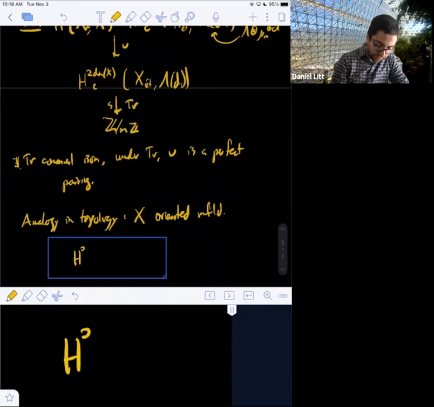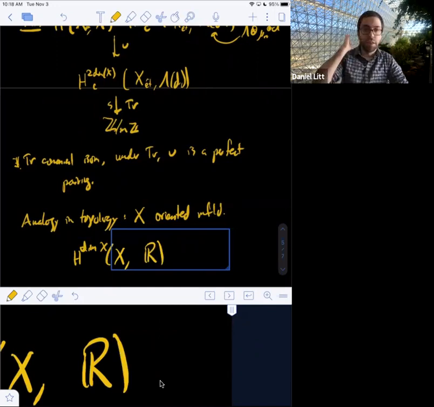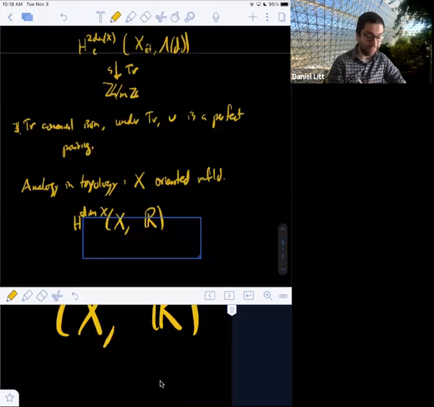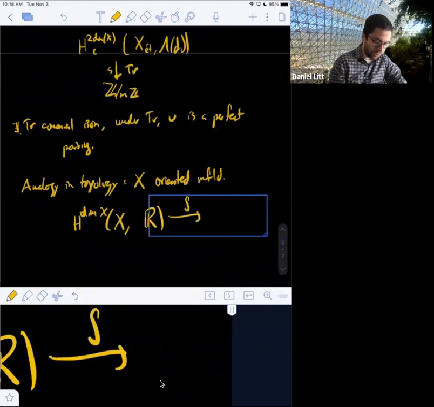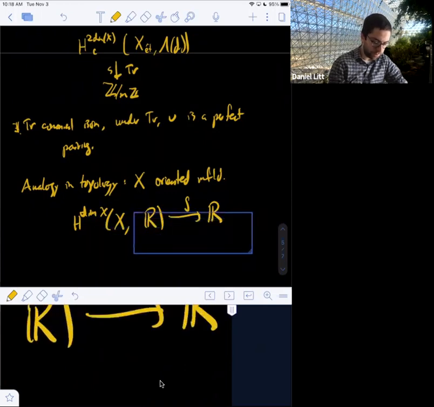Then there's a map from H^(dim X) of X with coefficients in R. If we think of this as de Rham cohomology, this is given by top forms on X, and we have a choice of orientation. So that's a top form, and then there's an integration map to R. This is the trace map.